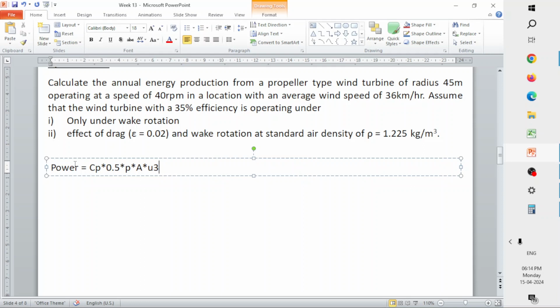What we don't know is the value of Cp. So we are supposed to calculate the value of Cp, and from there we can calculate the power. For calculating the value of Cp, we have two different correlations. Let me just write those correlations.